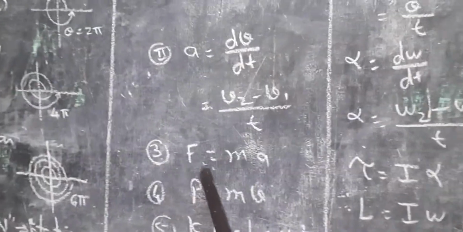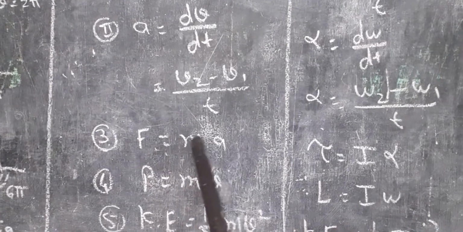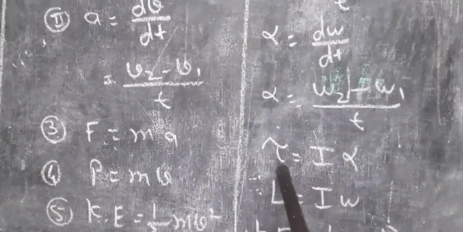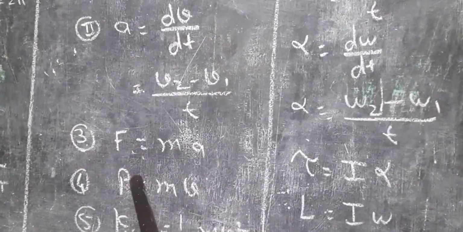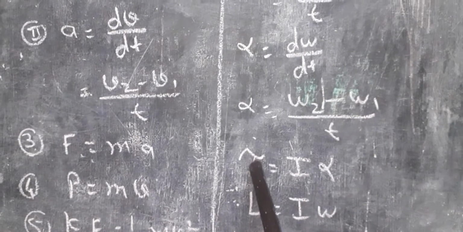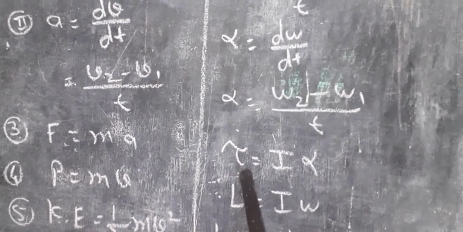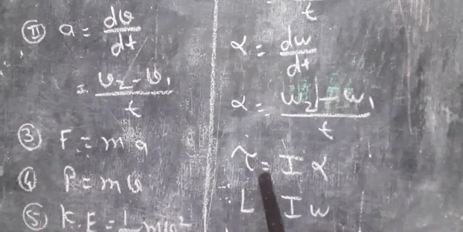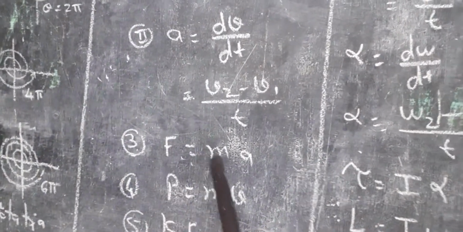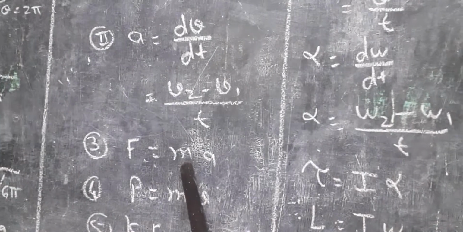Number 3, force F is equal to mass into acceleration. In rotational motion, we have seen that the role played by force in linear motion is very similar to the role played by torque. Torque produces rotational motion. In other words, for rotation, torque is compulsory, just like force is necessary to move the body along a straight line.